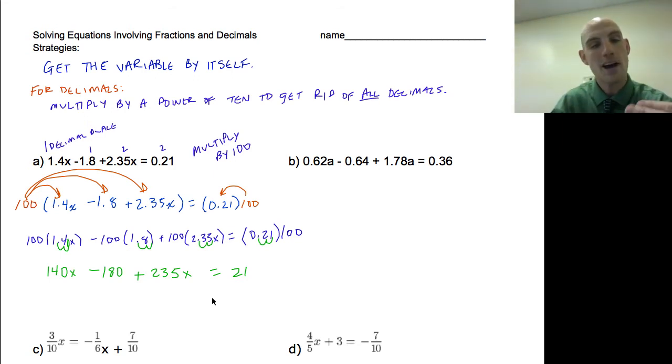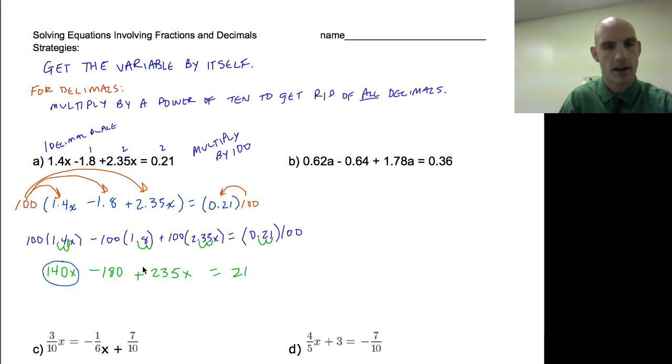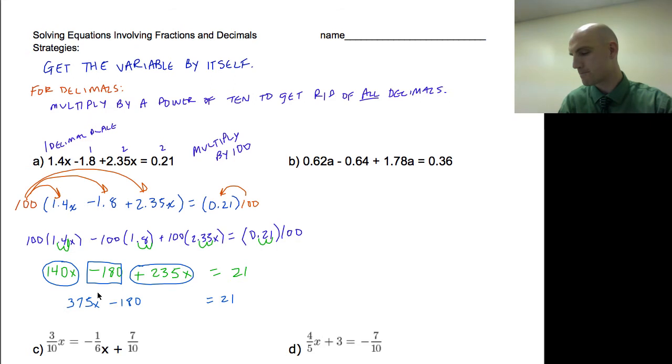So what I end up with is an equation with no decimals in it. And this is good because now I can just combine my like terms. I'll circle my 140x, I'll circle my 235x, and I'll put a box around this negative 180. So I have 375x minus 180 equals 21. And this is an equation that I can really solve using pretty simple methods.